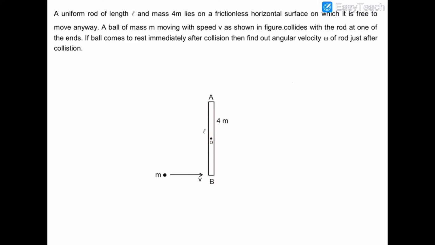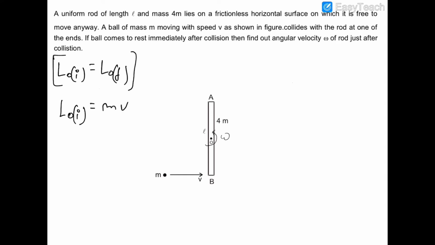So we're going to balance the angular momentum about point O. Now let us suppose that after collision, this rod is rotating with an angular velocity of omega like that. And therefore, if we balance the angular momentum about O initially and about O finally, then the angular momentum initially, LO initially, would be equal to mv into L by 2, because this distance is L by 2.